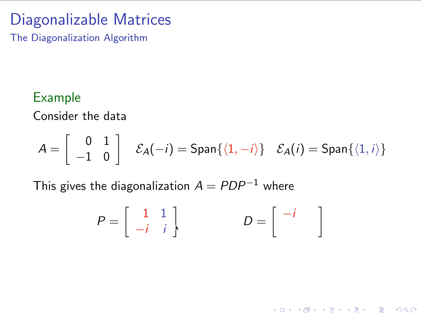So let's put that into the second column of P. And here, the corresponding eigenvalue is i, so let's put that into the second entry on the diagonal of D. This concludes our diagonalization of this matrix A, and this example is of note because here we're diagonalizing A using complex matrices that aren't necessarily real.